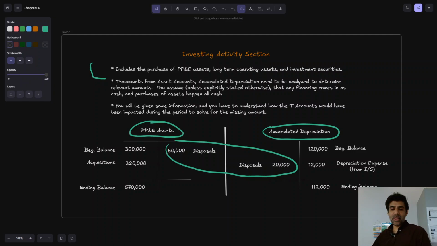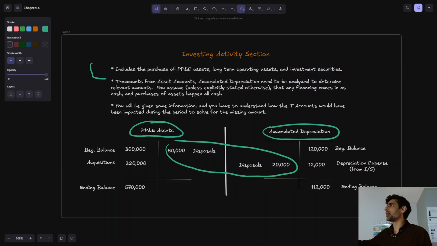If you did that, then you have to figure out what the journal entry was for the disposal, which you have some information on here. You'll have to incorporate how much you gained or lost and then figure out how much cash was transacted. Sometimes you'll be told how much cash was transacted and you figure out the gain or loss. So there are 4 variables and you're given 3 pieces of information.